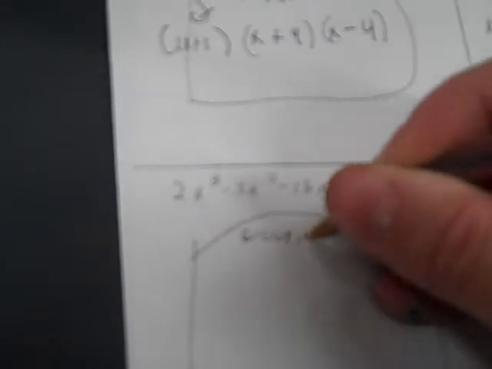Okay, then my last problem I'm going to do, there's 3 answers with 4 terms. So grouping is the go-to when there's 4 terms. Okay, so we got 2x to the third minus 3x to the second, and then negative 18x plus 27.